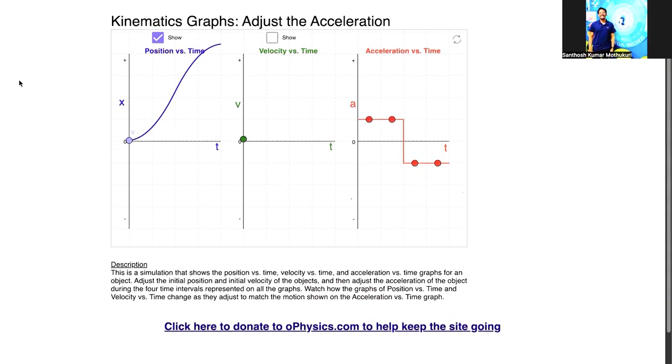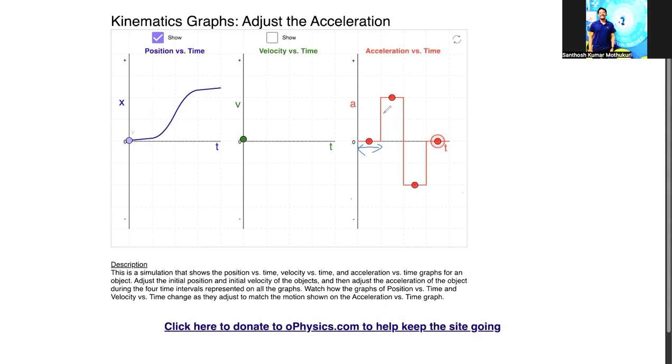Now let us try to have one more, which is like sometimes positive, sometimes zero, and sometimes negative. Check this out. Look at this. From here to here, what's happening is there is no acceleration. That means the position time graph, if you look at, this is almost close to the time axis.